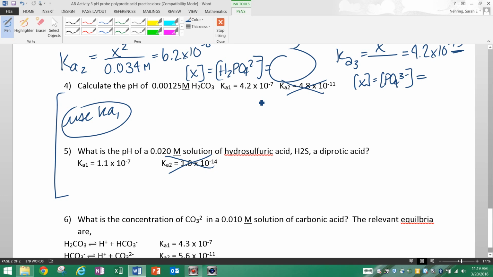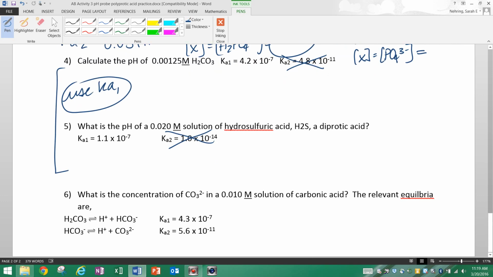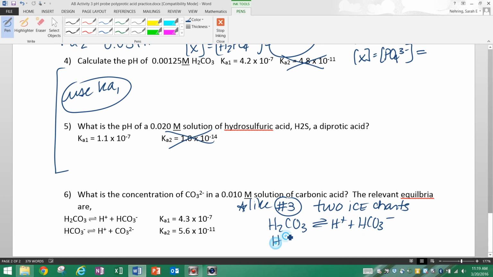And then down here, problem 6 is a lot like problem number 3, except in problem 3 we had to do 3 ice charts. This one we only need 2 ice charts. So first you would say, okay, H2CO3 is going to lose 1 hydrogen, and then that anion is going to lose a second hydrogen.